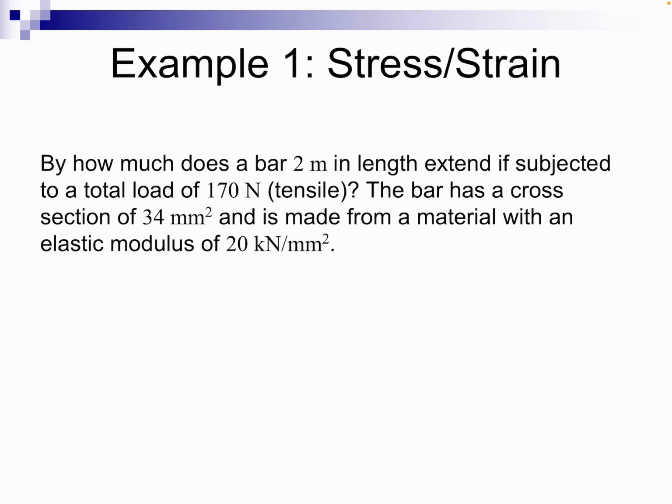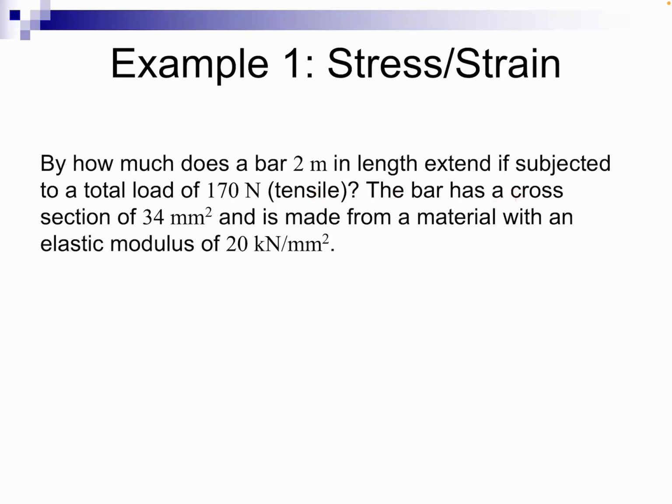Right. Okay. So we've learned about those three variables: stress, strain, and elastic modulus, and now let's relate them in terms of this numerical example here. How much does a 2-meter bar extend if it's subjected to a load of 170 newtons tensile force?